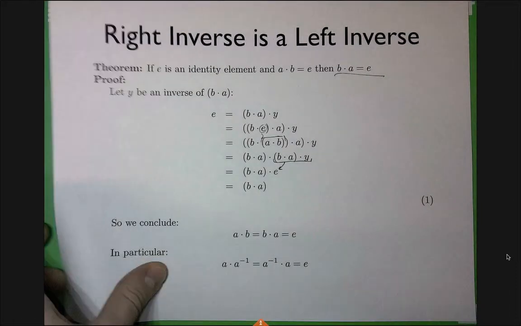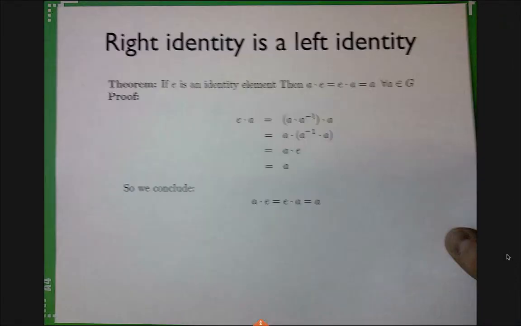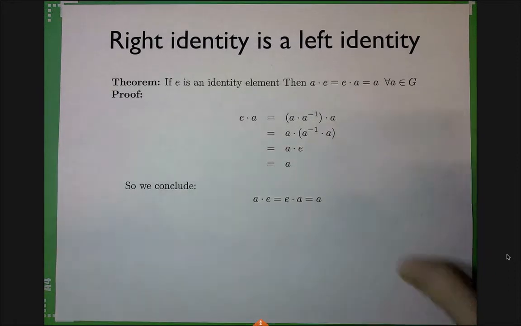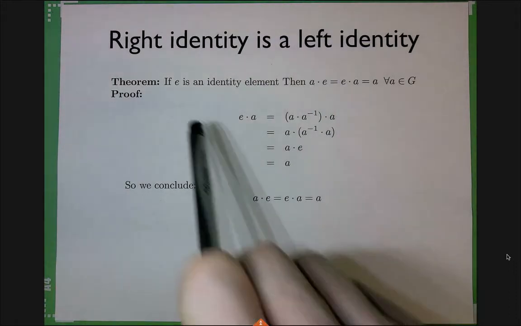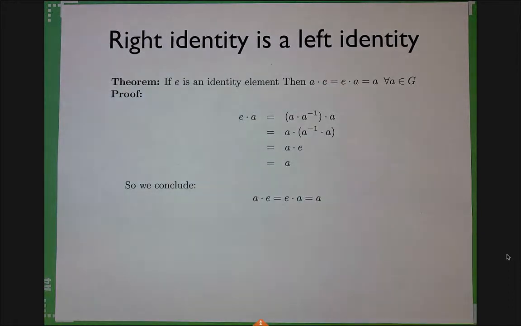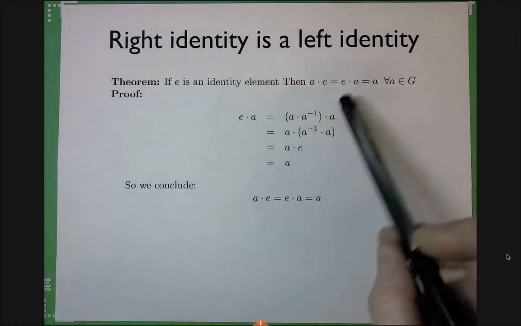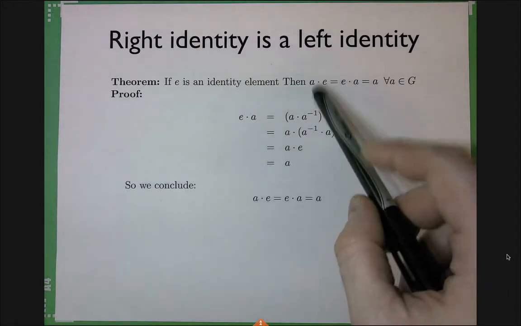Here is another similar theorem, and that thing is true for any group. This one says that a right identity is a left identity. So it doesn't matter if I multiply with the identity element from the right or from the left.